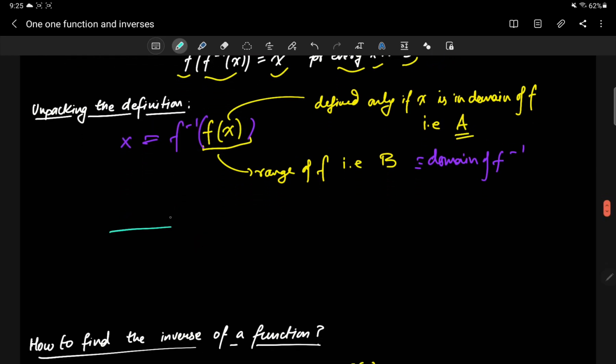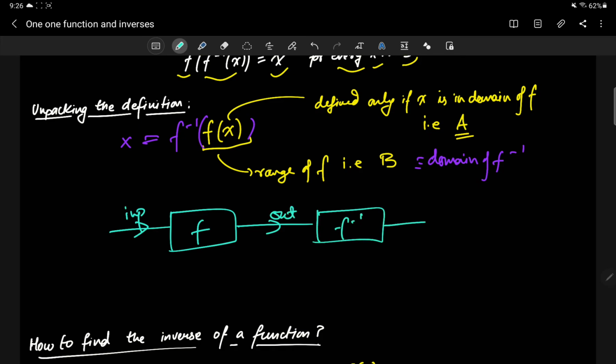Now in machine terms, you're taking the function's input x, getting the output, and you feed this output into f inverse, and you get back the same input. These are going to be the exact same.